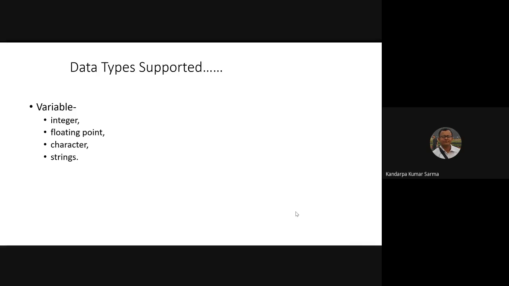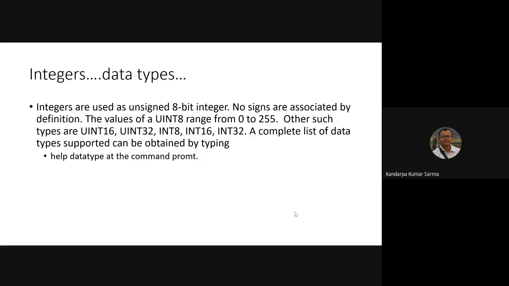So all types of data are supported, like, say, integer, floating point, character, and strings. They are all supported, and all the integers come in varied forms. Say the unsigned form, you can have representations of bit 8, bit 16, bit 32, so on and so forth. That can permit you to control the precision generated.